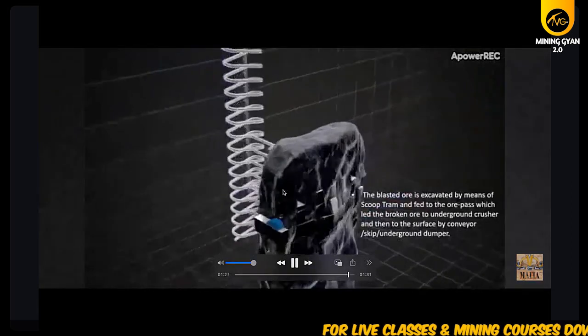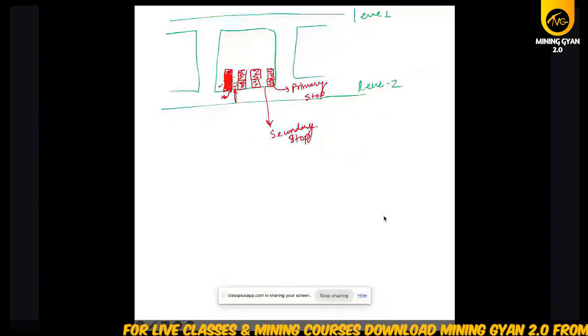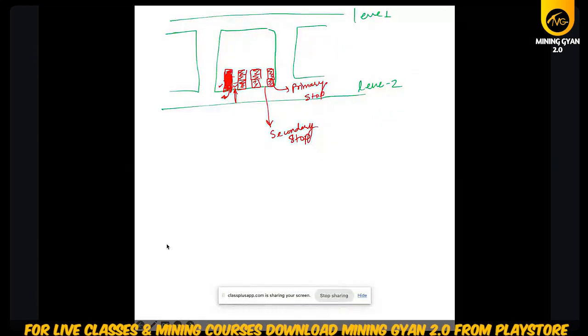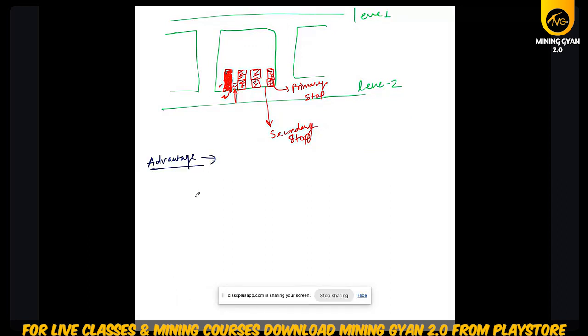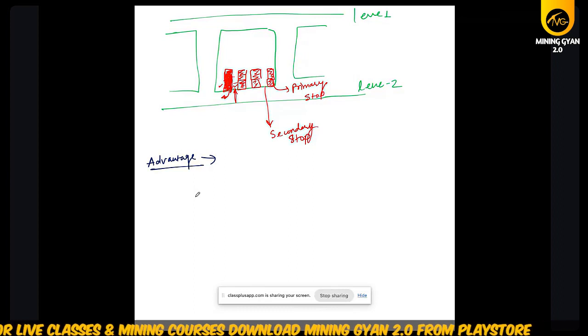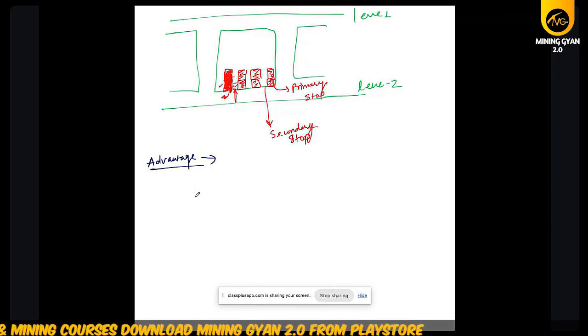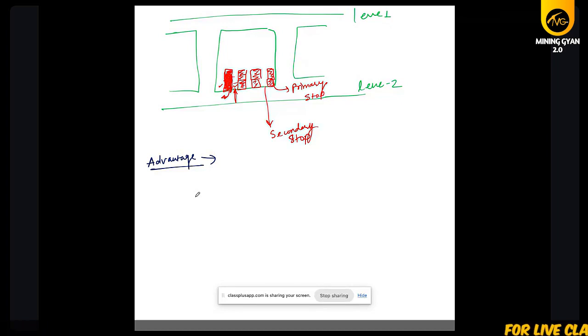Okay, we have discussed the sub-level stoping method. So advantages and disadvantages we should discuss. These advantages and disadvantages you can also make if you understand the method, what all could be there. So I am writing a few advantages and disadvantages, and maybe I will not give advantages and disadvantages of a few methods.